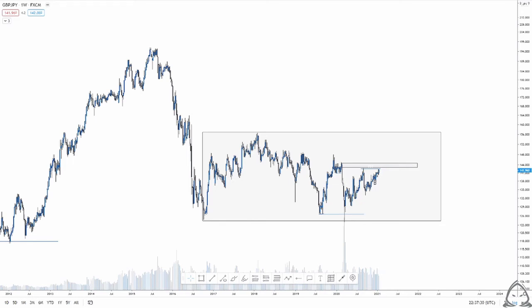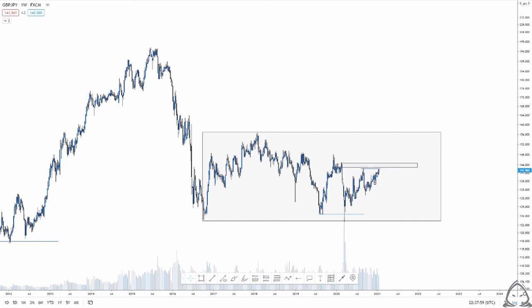But for those of you that have wondered why I've switched back from the black theme to the white theme, it's purely to keep everyone else aligned and for continuity. I want everyone to be able to pick up on the scent and learn in a thoroughbred environment so that we can all benefit from the knowledge simultaneously. So without further ado, let's quickly dive into Sterling Yen and focus on the potential opportunities that lie ahead for the forthcoming trading week.